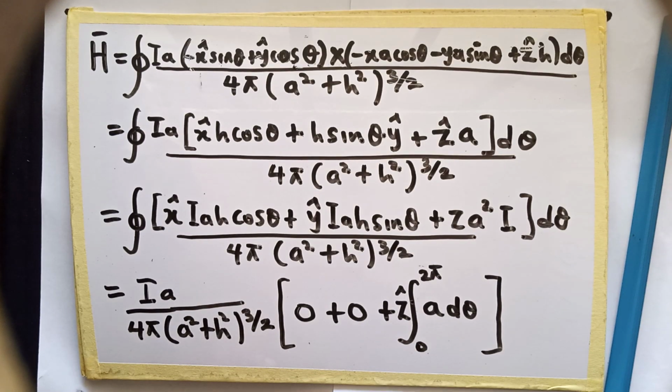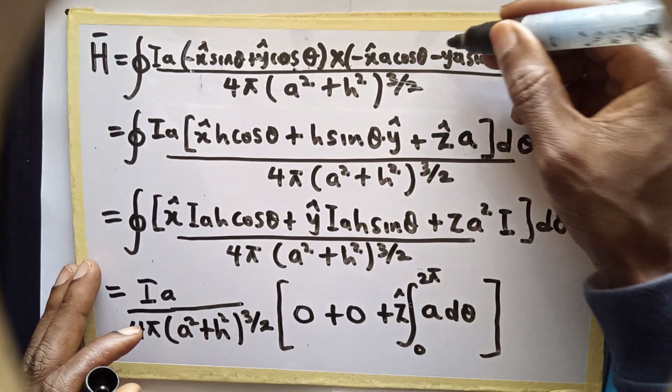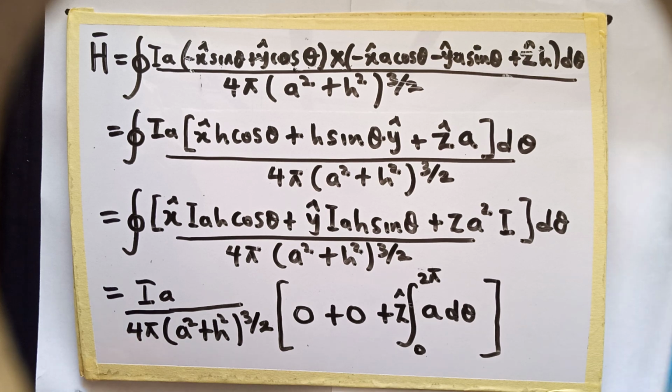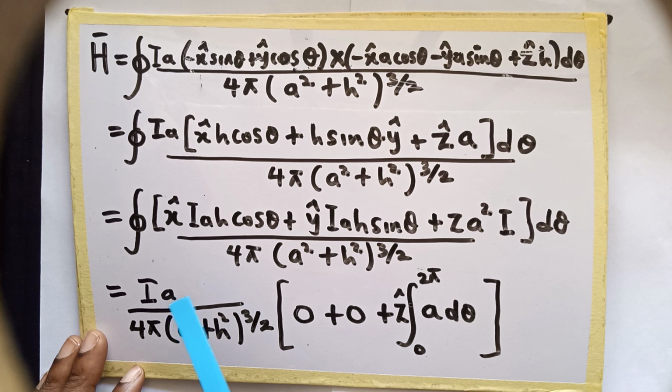So once you have that, I think we should take note that these are vector positions. Once you have this expression, we move to the next stage, which is multiplying this I a throughout. Once we multiply our I a throughout, we'll get this expression with respect to theta.